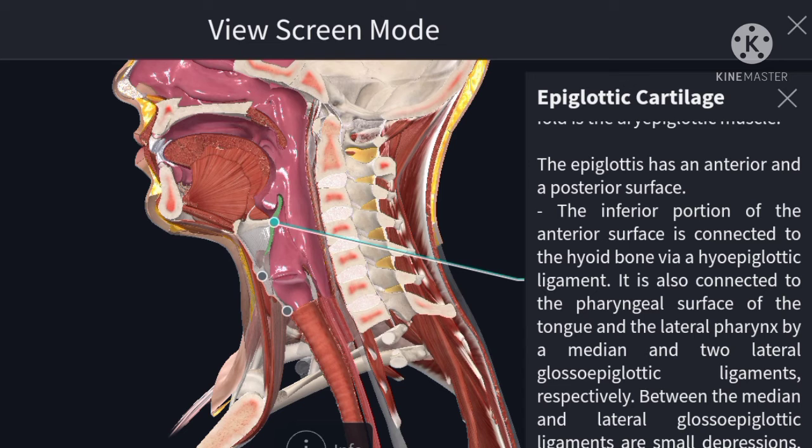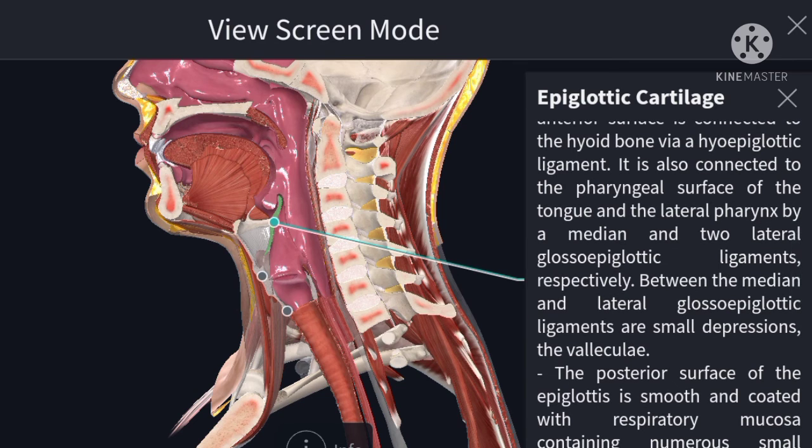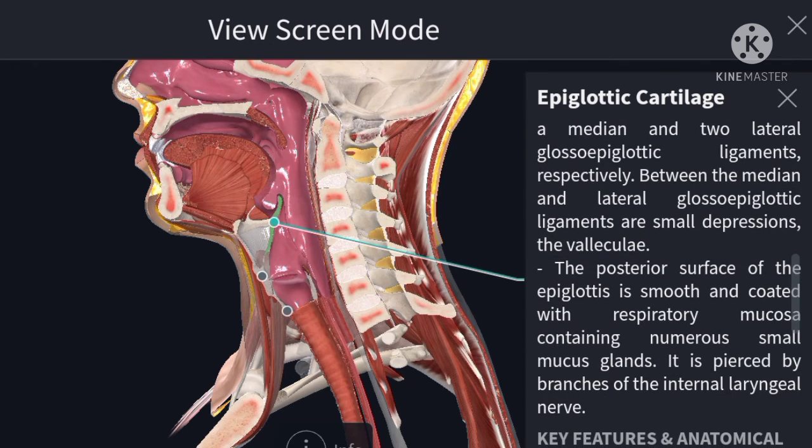Between the median and the lateral glossoepiglottic ligaments is a small depression. The posterior surface of the epiglottis is smooth and coated with respiratory mucosa containing numerous small mucous glands, and it is pierced by the branch of the internal laryngeal nerve.